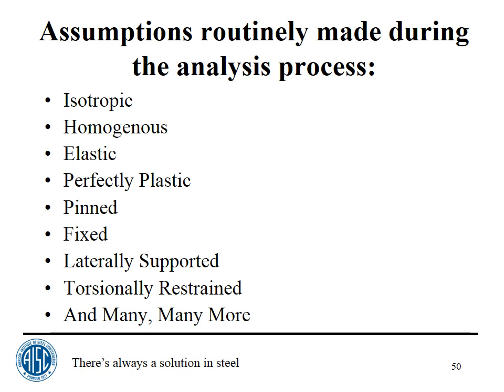Or maybe they're moment connections, and there's no such thing as a moment connection that keeps the angle between the two members exactly 90 degrees, or whatever the original angle was. And then many, many other things like laterally supported, torsionally restrained. You know what a torsionally simple support is? Does your computer take care of that for you? And many, many more.